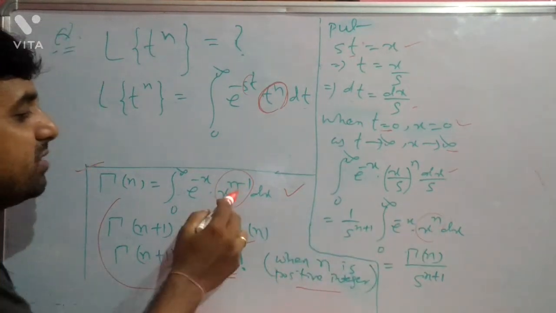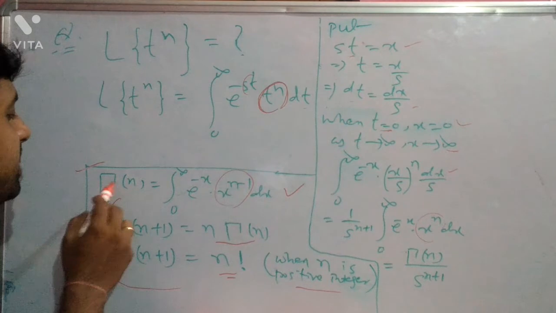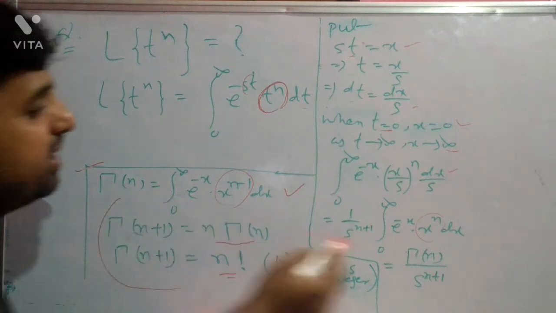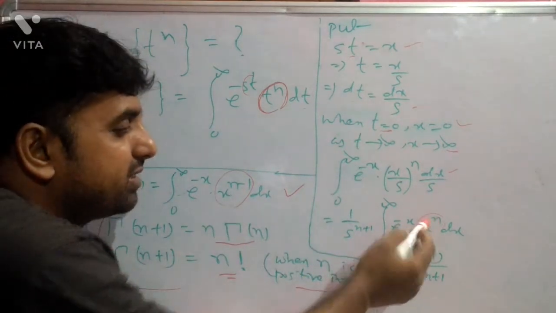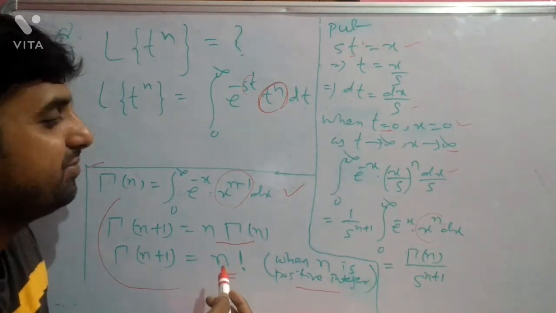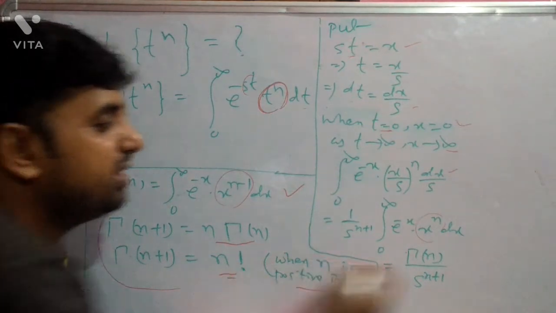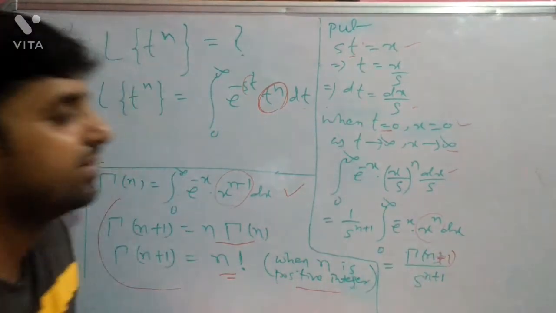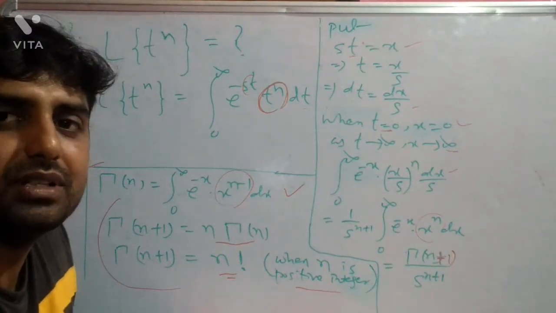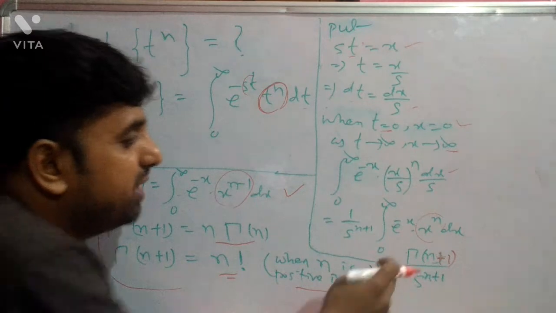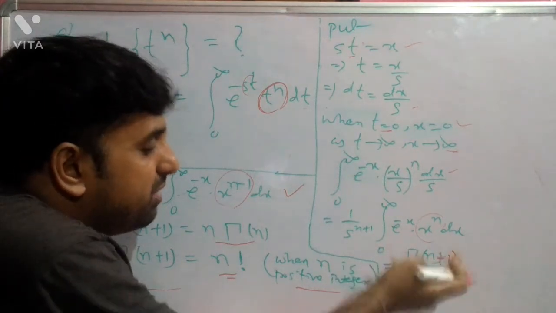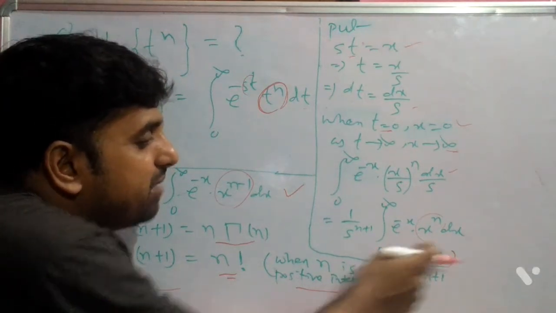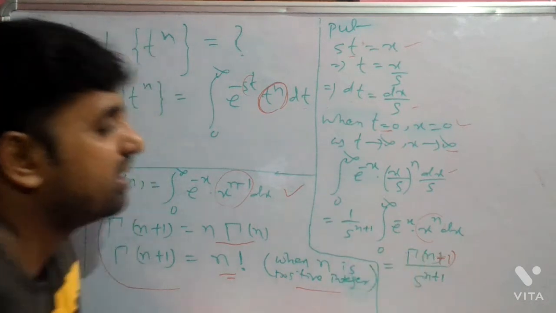When it is x to the power n minus 1, the value will be gamma n. But here we have x to the power n, so the value will be gamma n plus 1. So the final result is gamma n plus 1 divided by s to the power n plus 1.